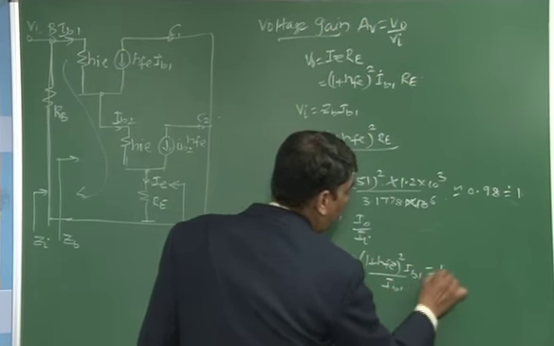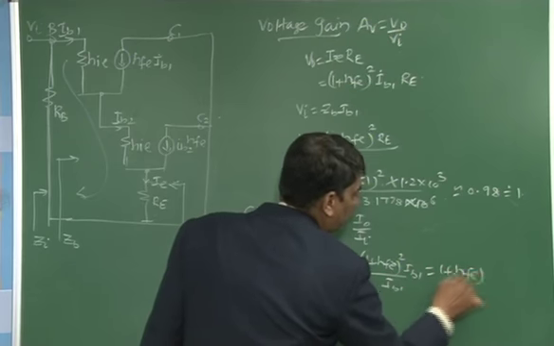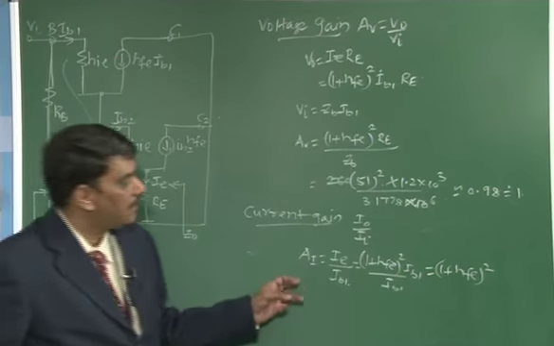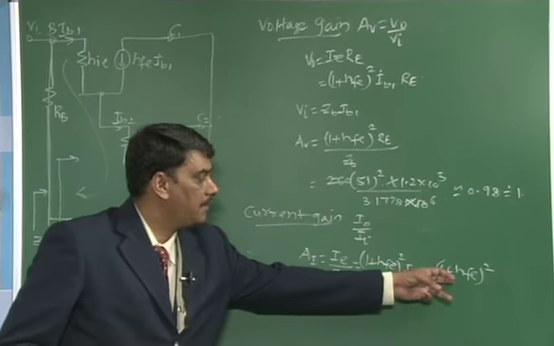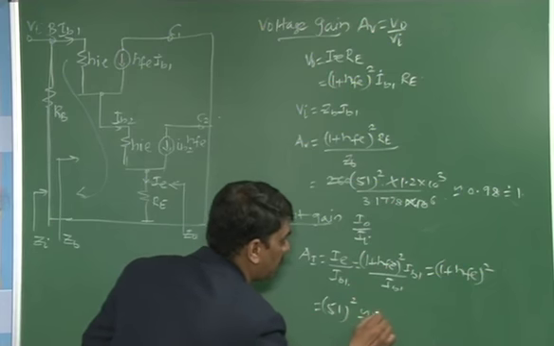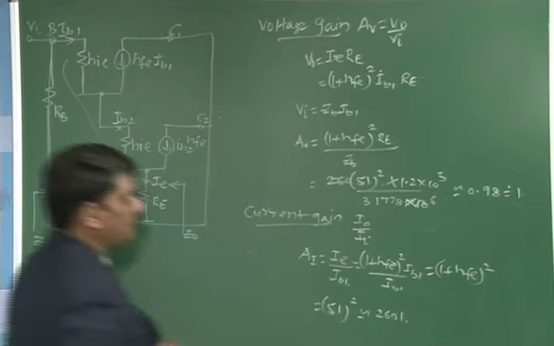This is approximately equal to 1 plus HFE squared. Means here the current gain of the amplifier is increased by a factor of 51 squared. Therefore, this is equal to 51 squared, which is approximately equal to 2601.